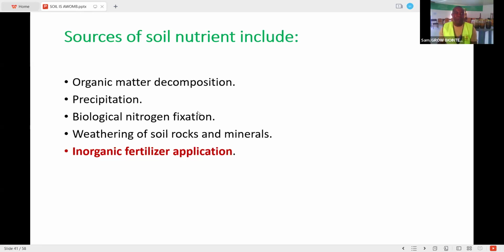And then biological nitrogen fixation, that is using nodules from legumes. And not all legumes will fix nitrogen. It depends on that nodule, the bacteria that is in that nodule. Some bacteria don't fix nitrogen. When you cut that nodule and find that it is whitish in color, you know that there is nothing there.